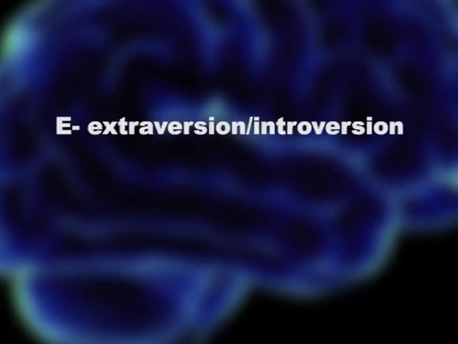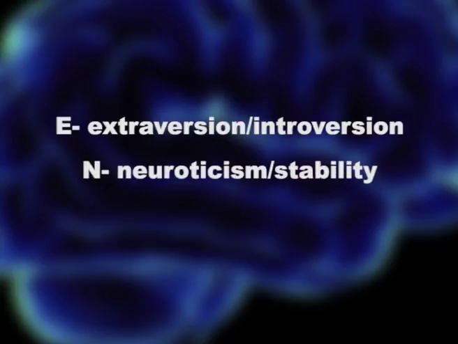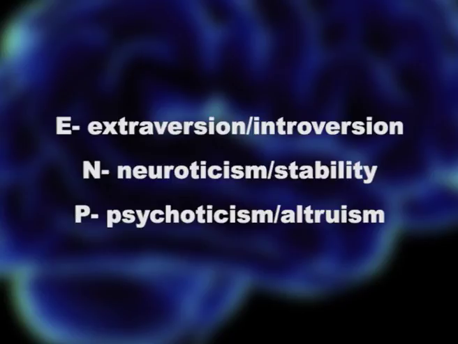Those are E, that is extraversion or introversion; N, neuroticism or stability; P, psychoticism or altruism. Criminals are deemed to be high in PEN, reaching the highest level.